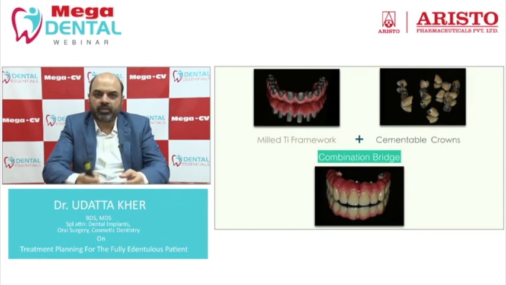It has a part of the alveolus that gets replaced, and that is usually pink porcelain or pink composite, and that gets screw retained over the implants, and over that are either individual crowns or bridges which are cemented over this prosthesis. So here you have the advantage of having a cemented restoration which will provide very good aesthetics and help in hiding all the screw holes. And you have the option of retrievability, wherein you have a base which is screw retained and which can be taken off. So this type of combination bridge again is an option for the fully edentulous patient.